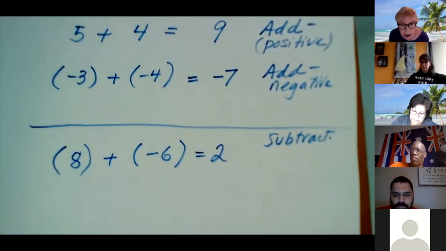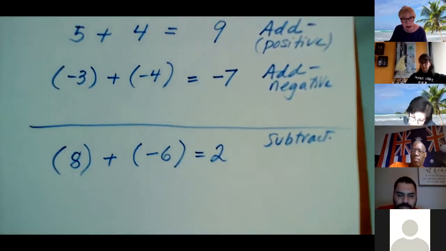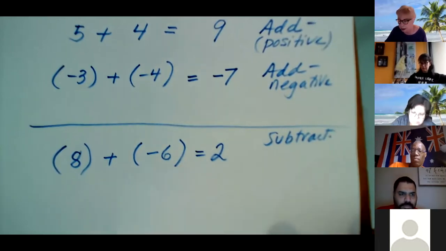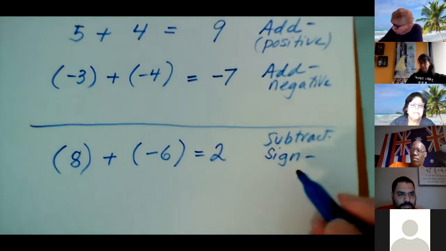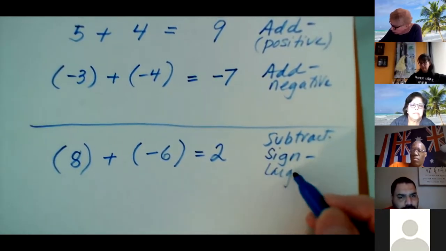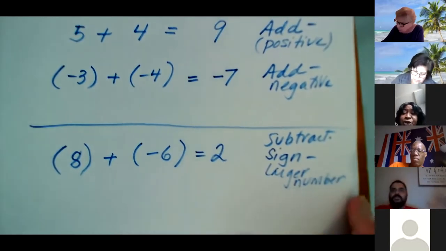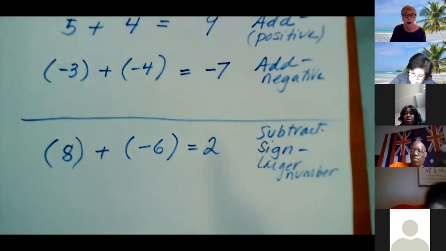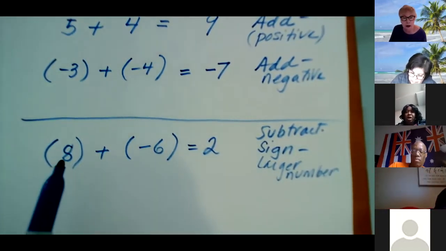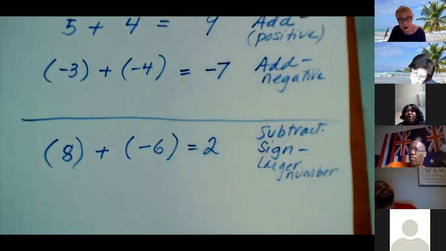You're subtracting the absolute value. You're taking 8 and 6 and subtracting and getting 2. Now, how did I decide it was positive? The sign goes with the larger number. How did you know to subtract? Well, you can subtract too. I mean, that's what you did first. You took the 8 and the 6 and subtracted to get 2.